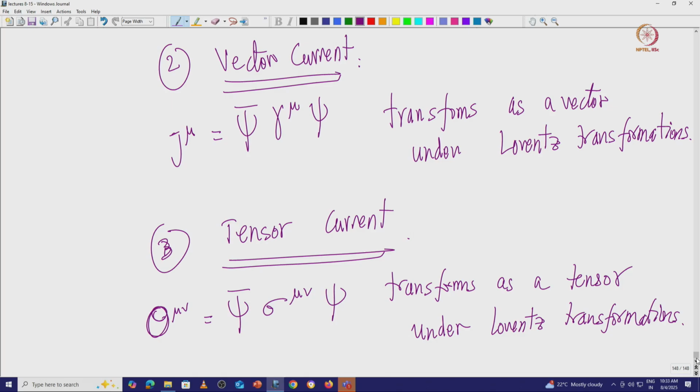The third current is psi bar sigma mu nu psi. This is a current which does not appear normally, but it appears at higher derivative terms, with derivative couplings of the electromagnetic field.